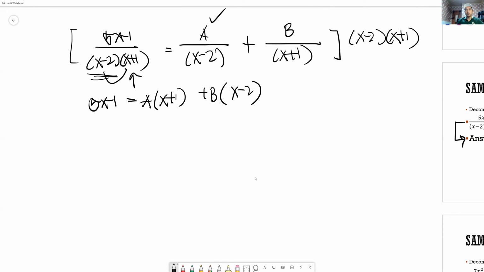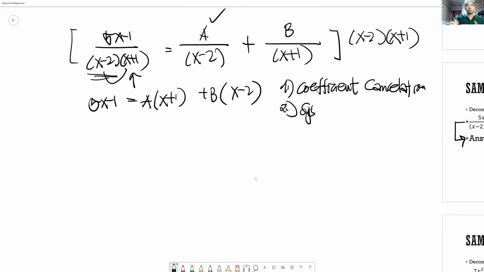So in resolving partial fraction decomposition, we have 2 methods. The first method is what we call the coefficient cancellation. And 2 by systems of equations. So we're going to do both. Okay.